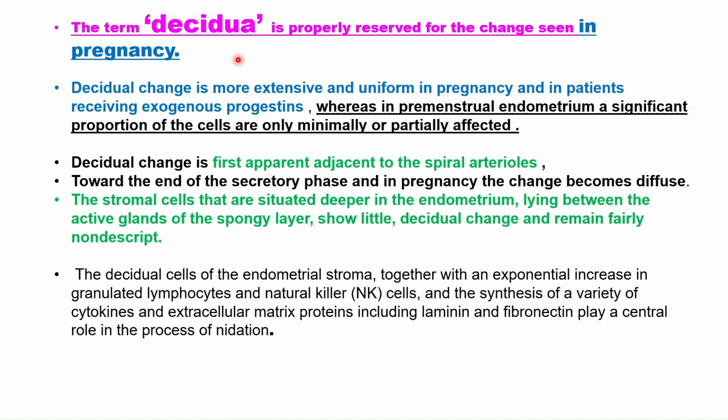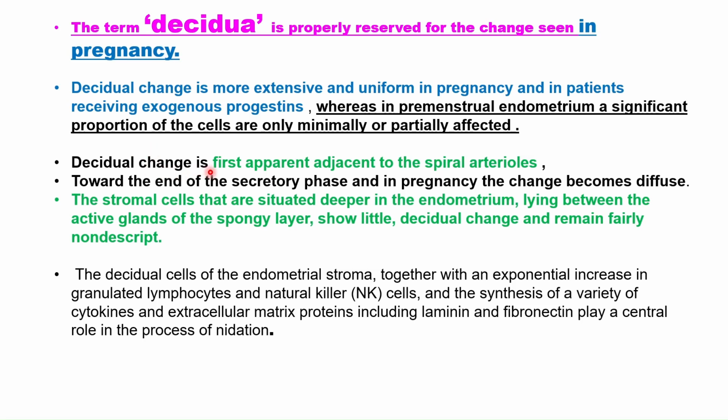Now the term decidua is properly reserved for the changes seen in pregnancy. So decidual change is more extensive and uniform in pregnancy and in patients receiving exogenous progesterone, whereas in premenstrual endometrium, a significant proportion of the cells are only minimally or partially affected.